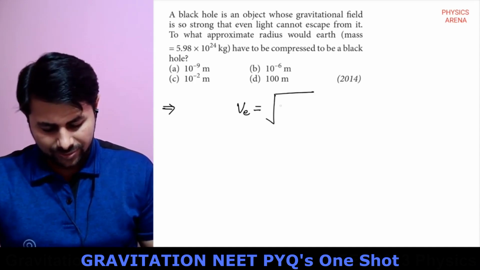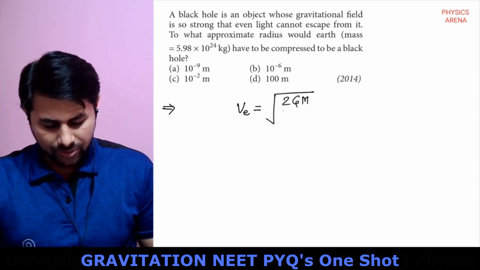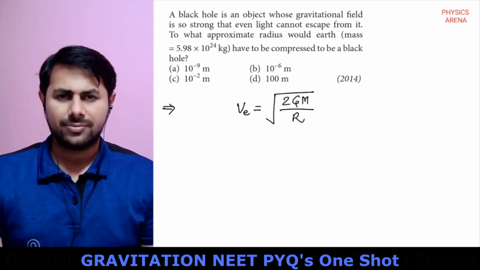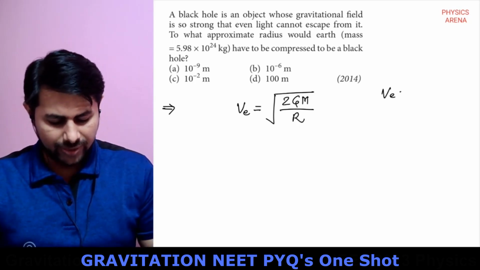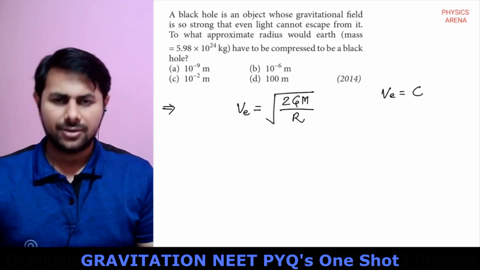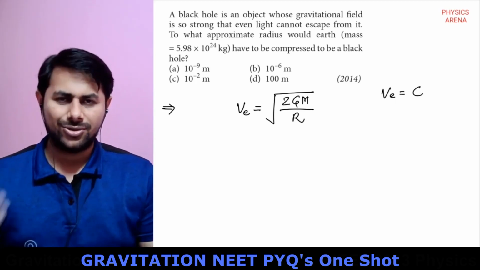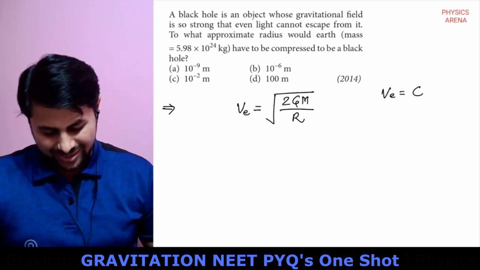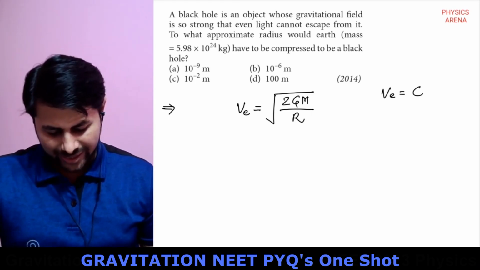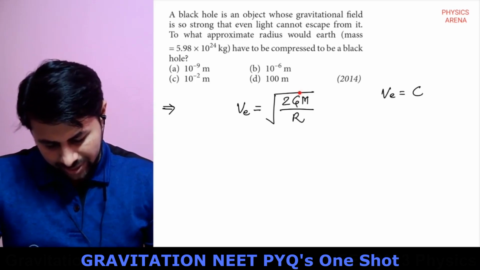That is equal to the square root of 2GM divided by R. So here v will be equal to c, the velocity of light, so light will not escape from Earth's surface. So then what do we get? We have to substitute these values.